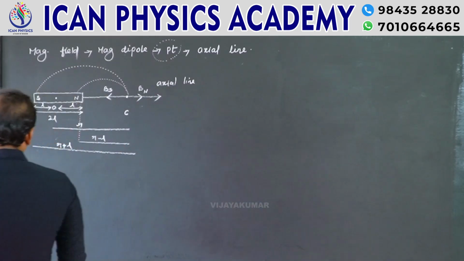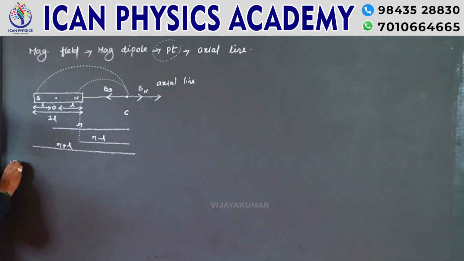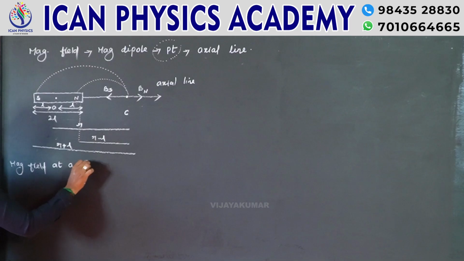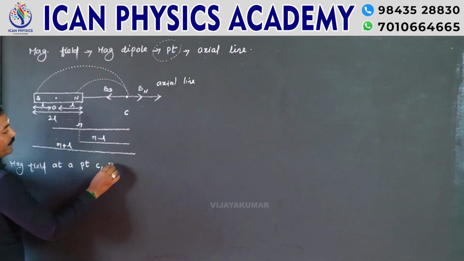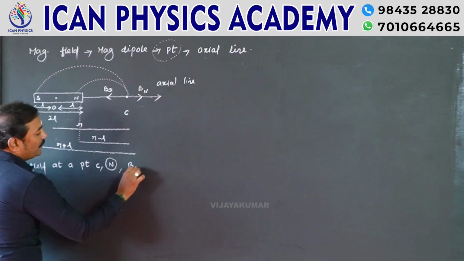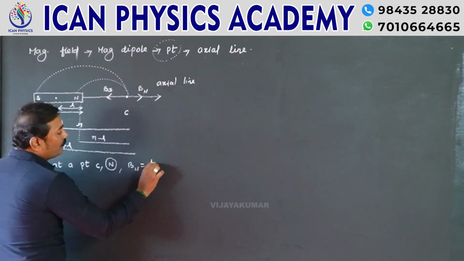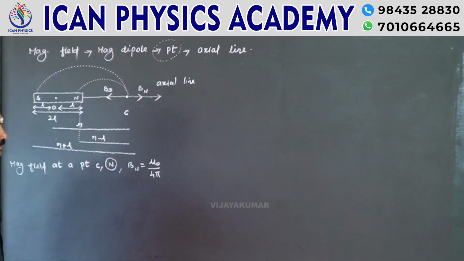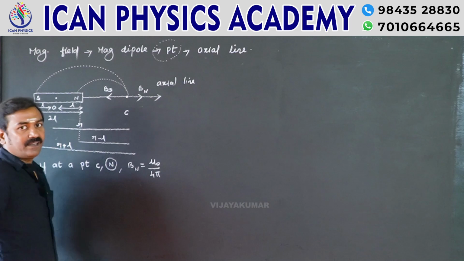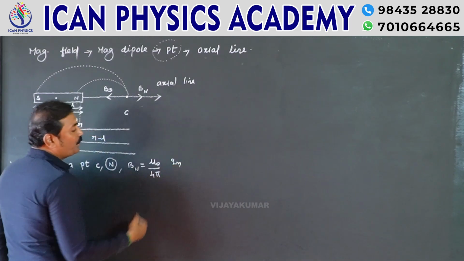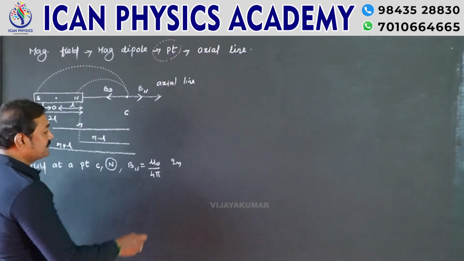Now where do we go? The magnetic field at a point C due to the north pole, that is Bn equal to mu naught by 4 pi, okay, the pole strength, taken as Qm, divided by the square of the distance.